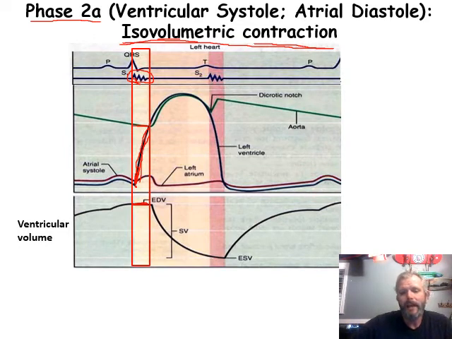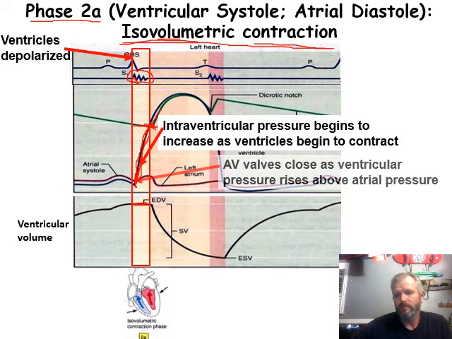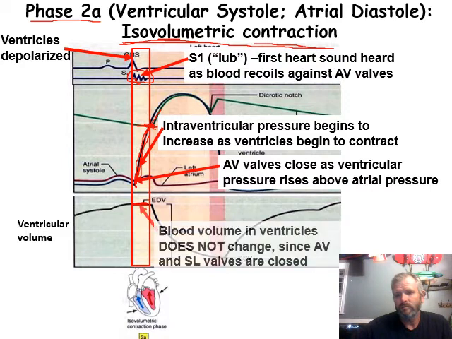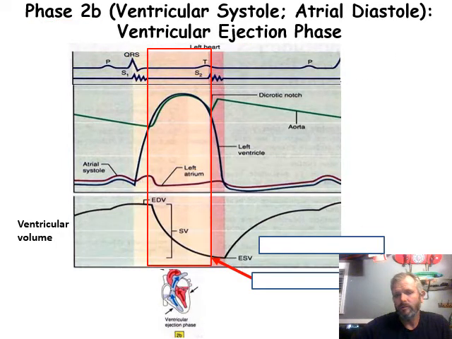Okay. As the ventricles continue to contract, the pressure keeps going up, up, up, and at a certain point, you can see the pressure goes above the aortic pressure. All right, right here is where we start what's called the ventricular ejection phase.